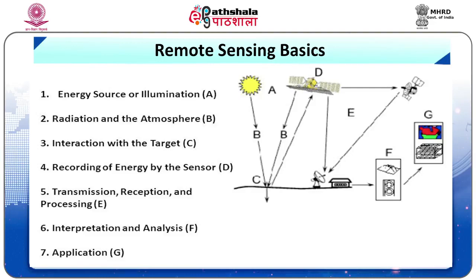They are the energy source, which is at A, propagation of energy through the atmosphere, which is at B, energy interactions with the Earth's surface features, which is C, airborne and space-borne sensors to record the reflected energy, that is D, and the generation of sensor data in the form of pictures or digital information, that is E. Now, the examination of data using various interpretation devices to analyze pictorial data and final compilation of data for various applications.